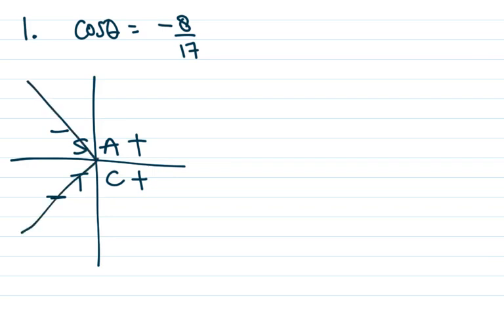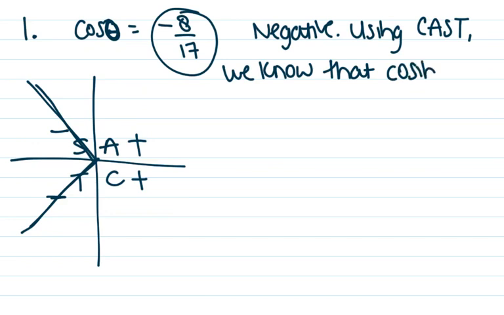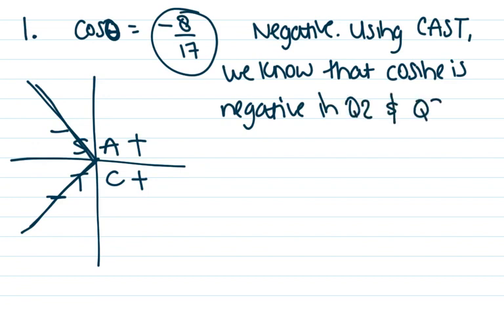So there's going to be 2 answers. 2 different angles for theta are going to create this answer. And one is going to be in quadrant 2 and one is going to be in quadrant 3. So let's just write that out. So this is negative. Using CAST, we know that cosine is negative in quadrant 2 and quadrant 3.